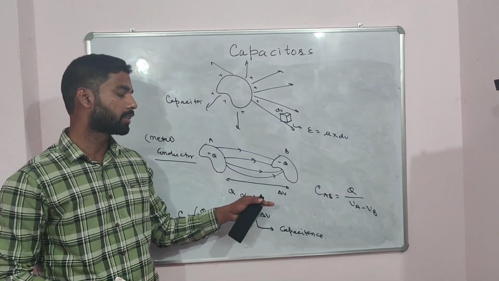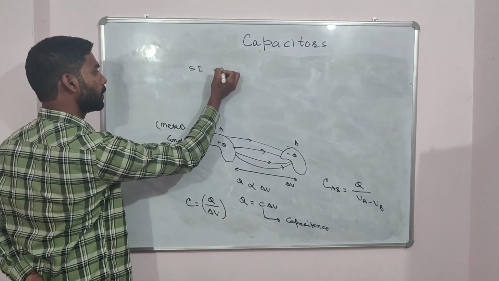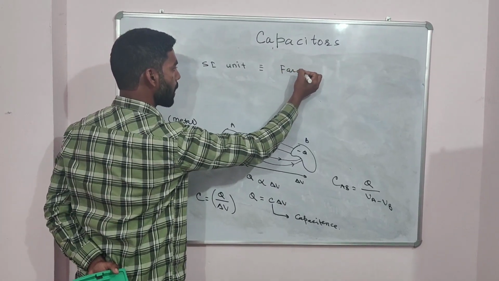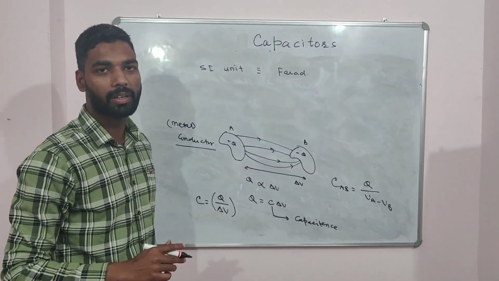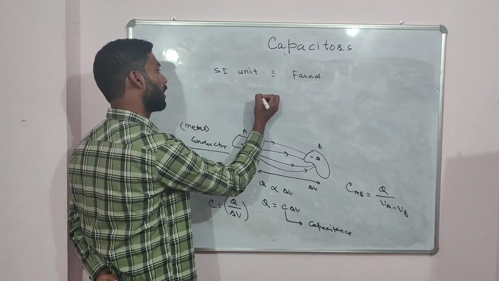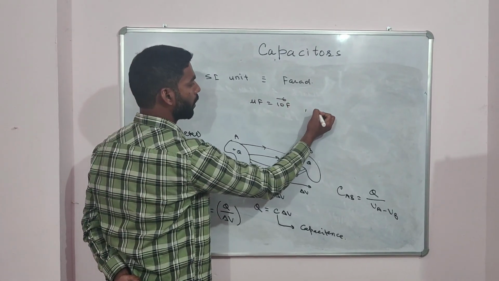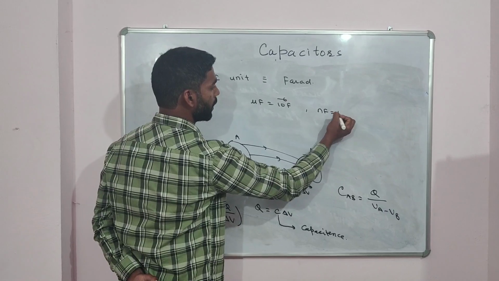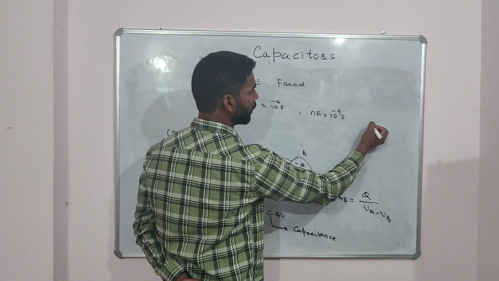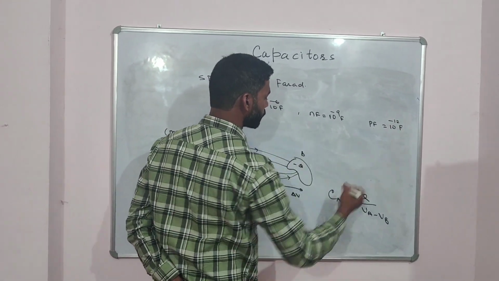The SI unit of capacitance is farad. 1 farad is typically very large, so we use a smaller unit like microfarad, 10 to the power minus 6 farad, or nanofarad, 10 to the power minus 9 farad, or even a smaller one like picofarad, 10 to the power minus 12 farad.